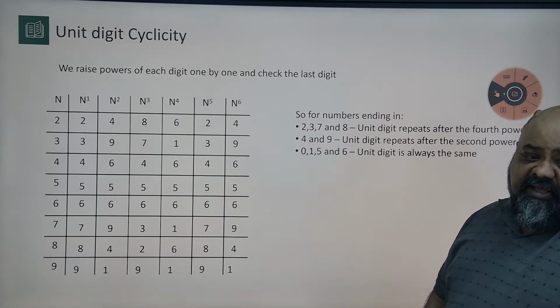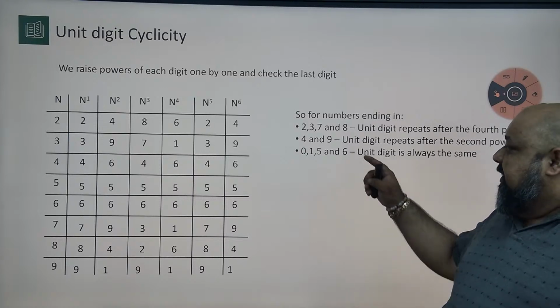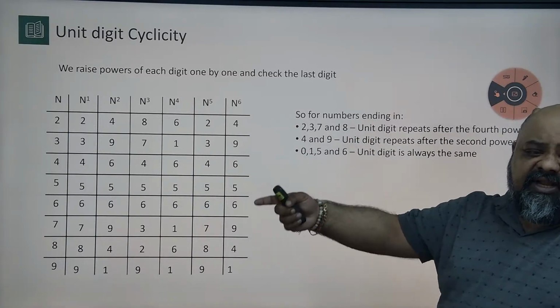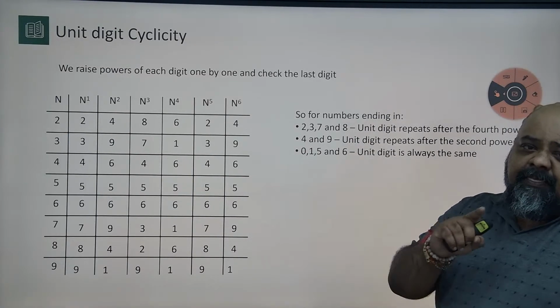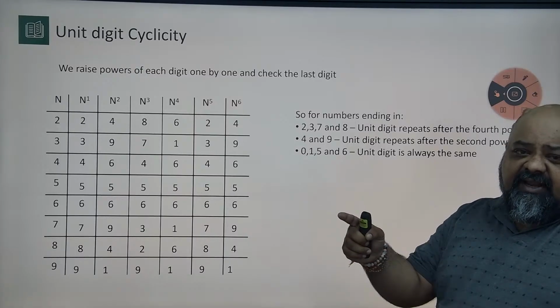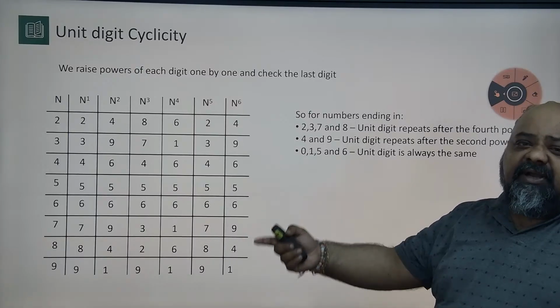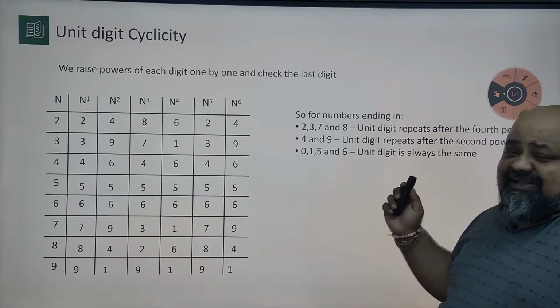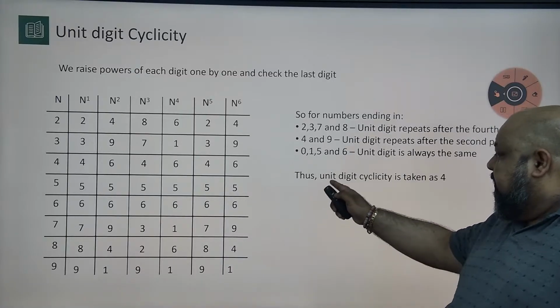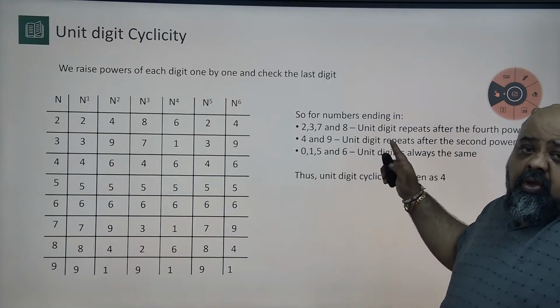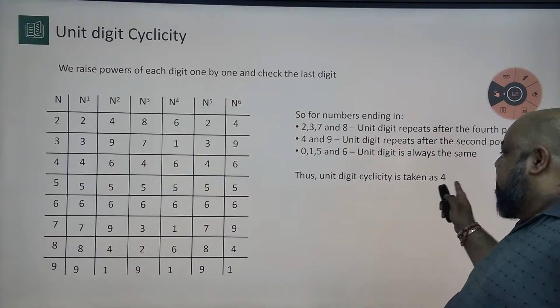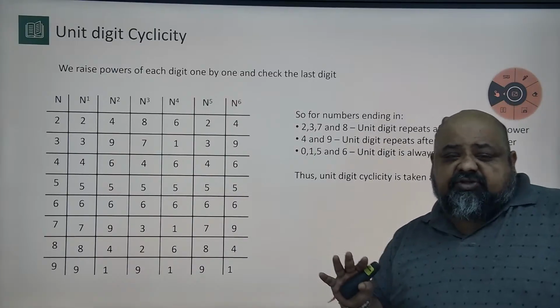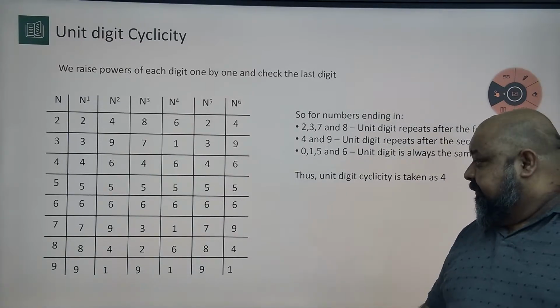And therefore, anything that repeats after 2 steps will also repeat after 4 steps. I can either say 9 1 is repeating again and again, or I can say 9 1 9 1 is repeating again and again. So in general, the unit digit cyclicity of the powers of a number is taken as 4. So after powers of 4, the unit digits will always repeat.